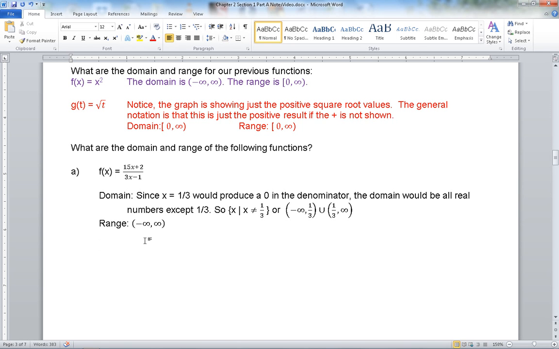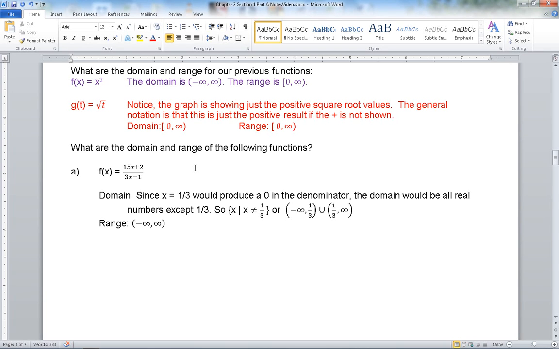So plugging in 0 doesn't work, but can you find a value of x so that you end up getting 0? Well, the trick here is to set the numerator equal to 0, because if you have a fraction with 0 in the numerator, like 0 divided by 3, it equals 0. Is it true that 15x + 2 = 0 has a solution? Yes.